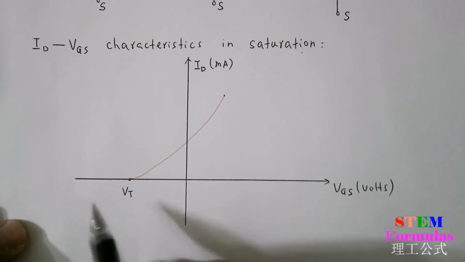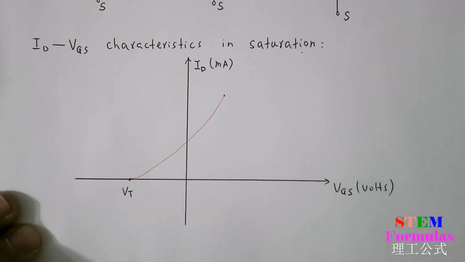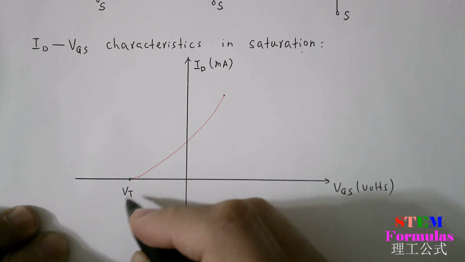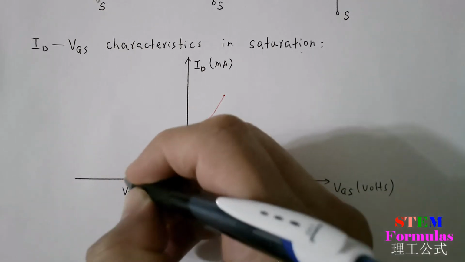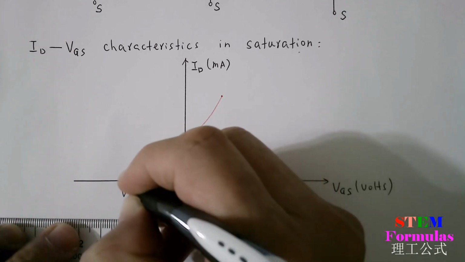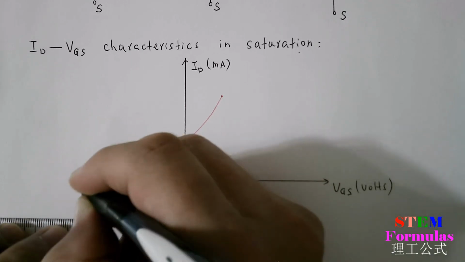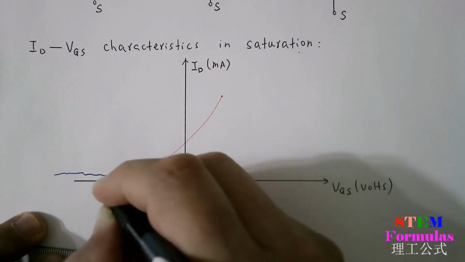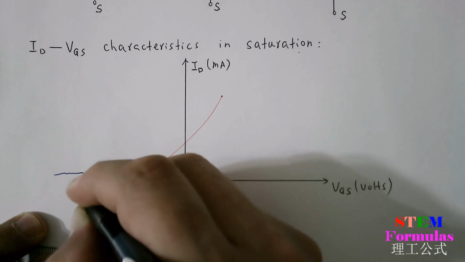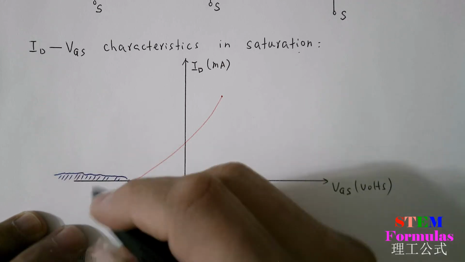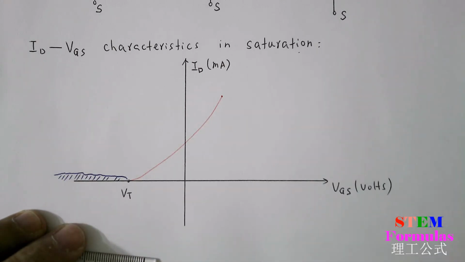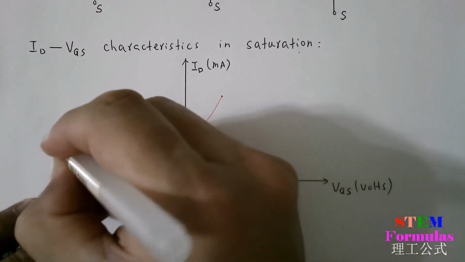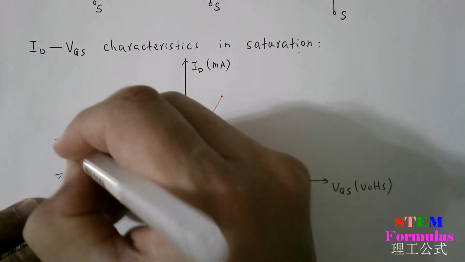Okay, now if VGS smaller than VT, then in this region ID equal to 0.